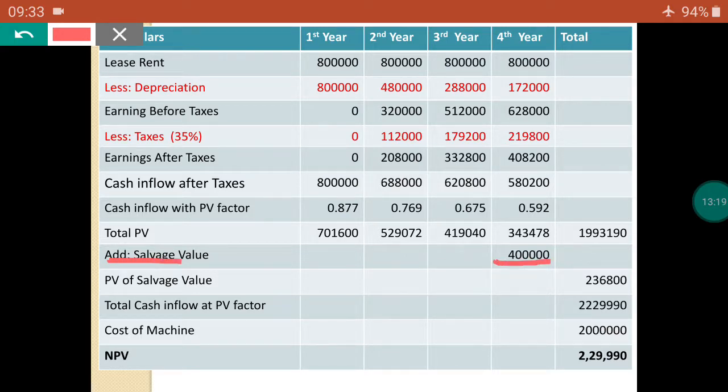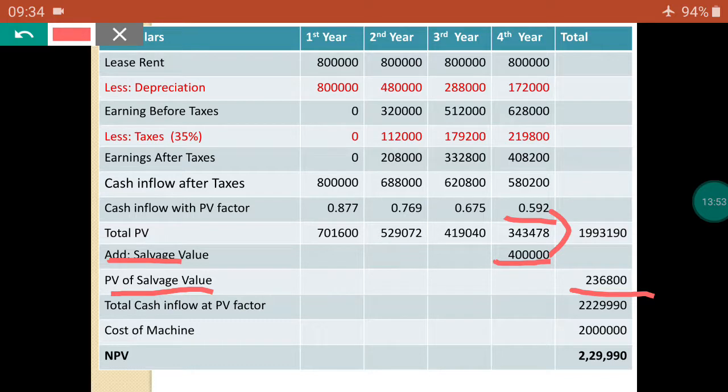Okay, in this 4 lakh, PV of salvage value, 4 lakh into 0.592, you can get 2 lakh 36,800. PV of salvage value is 2 lakh 36,800.